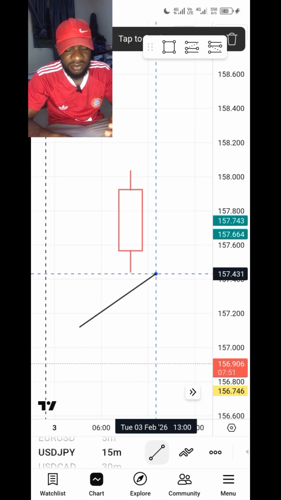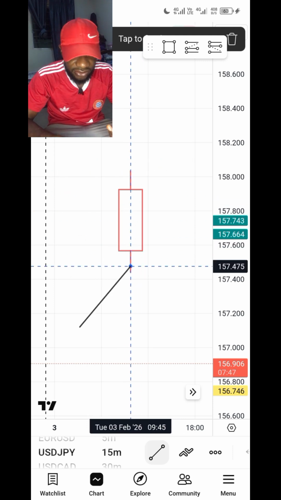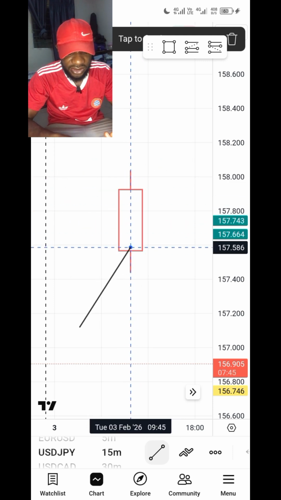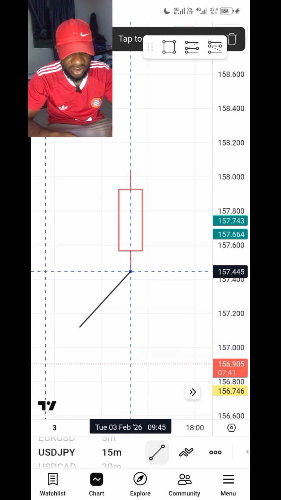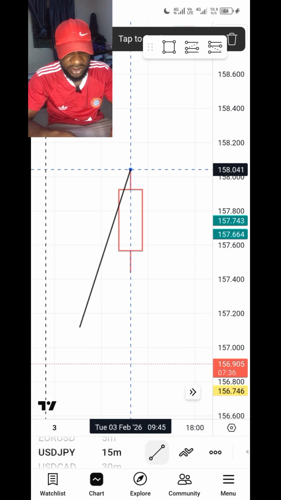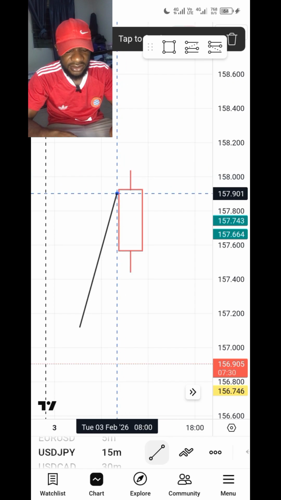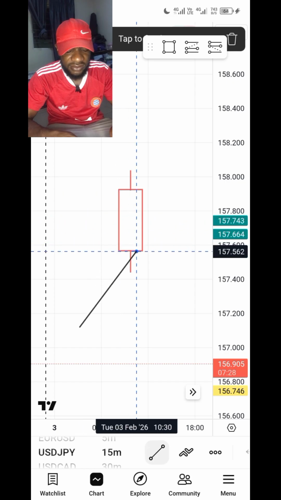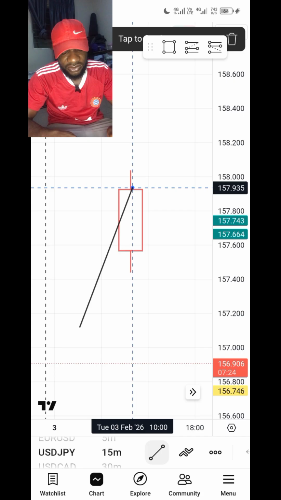If it is a bullish candle, it opens here, it goes down, and after it goes down to this level, it starts going up to the highest point here, and it closes here. If a candle forms like that, it is a bullish candle. It opens here and closes here, that is a bullish candle.